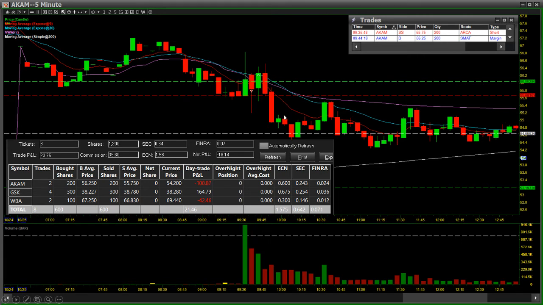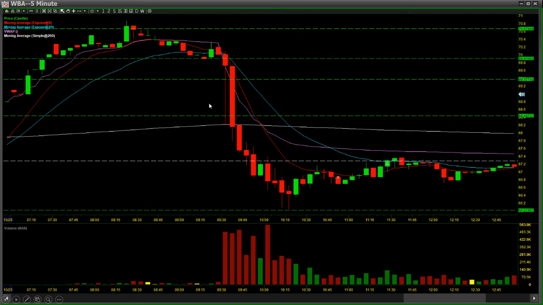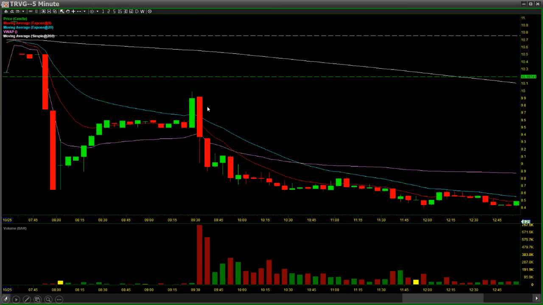Is there something in this trade that would have told me this wasn't going to work? And from what we looked at, no. There's nothing in this stock that I would have seen this morning that would have told me I couldn't get the same move as this or this or this. Nothing.